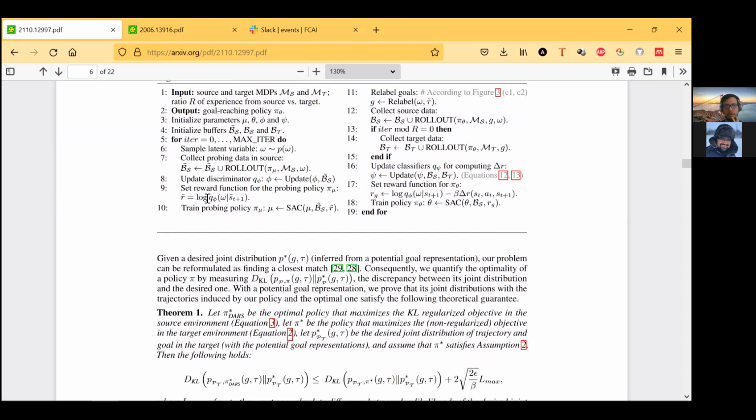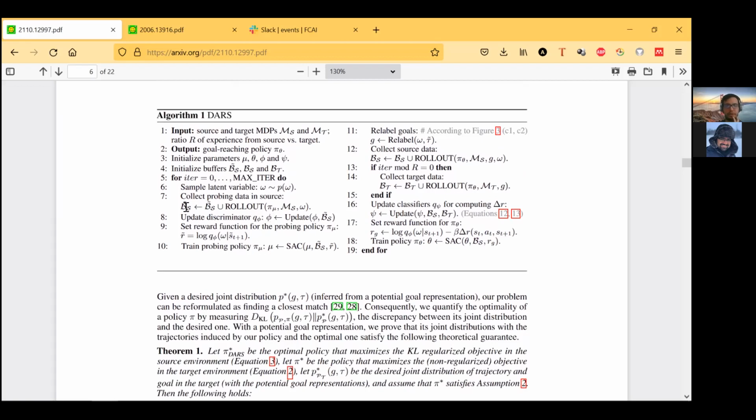And so this is a reward in the state space, so you can easily use any algorithm. Here they use SAC to update the policy, so this is updating pi mu. Then for the other policy that now depends on goals that are potentially in the state space, they don't always do this relabeling step in their experiments, but in some experiments they do.